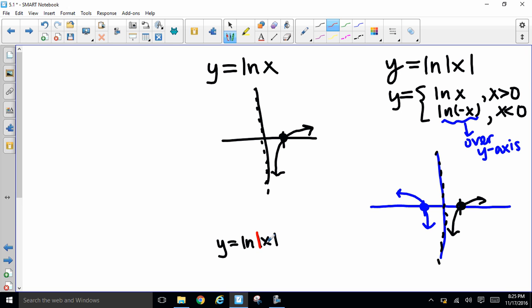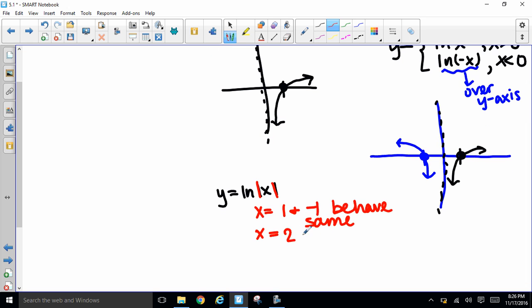Because this is in absolute values, you know that x equals 1 and -1 would have to behave the same. X equals 2 and -2 would have to behave the same. And so from just thinking through that way, you could think about that it's a reflection.